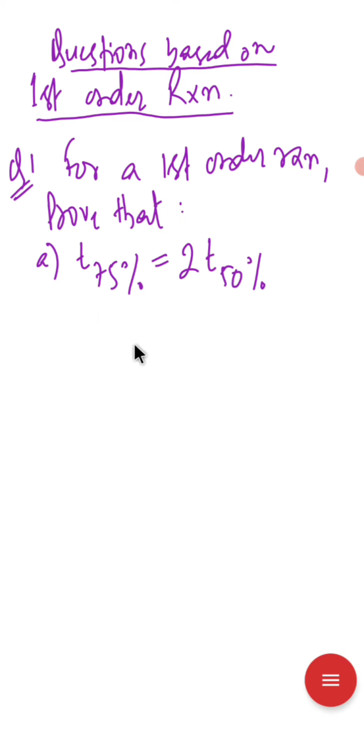We need to prove this relation, and this is true only for a first order reaction.